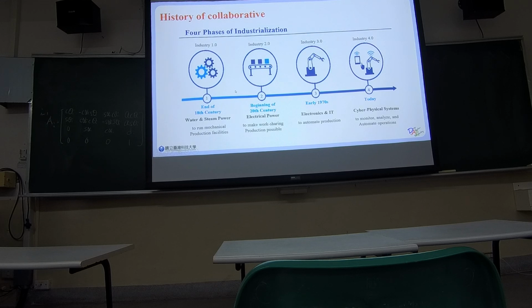In Industry 3.0, electronics and IT were integrated into production systems, enabling automation. Today we are in the era of Industry 4.0, characterized by cyber-physical systems and smart manufacturing technology that enable advanced monitoring, analysis, and automated operations.